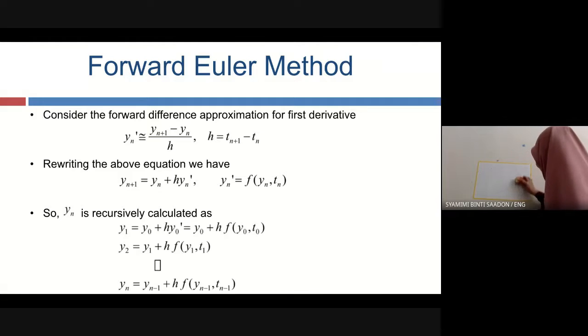So we have y equals exponential t power of 3 over 3 minus 1.1 t plus constant. So we know that y0 is 1.